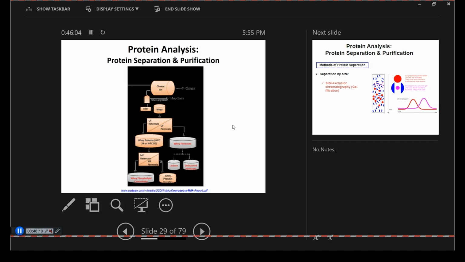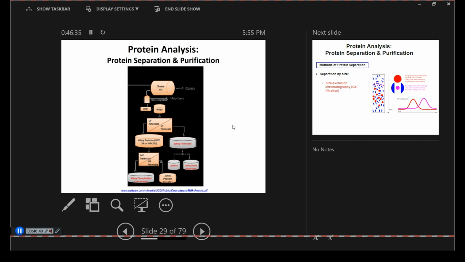If we pass the whey through an ultrafiltration, that means my proteins are mostly retained, and the permeates are mostly salts and lactose. There is some low molecular weight protein that would pass through as well. So this is one byproduct. You might hear the term whey permeate. It's a byproduct of whey protein production.